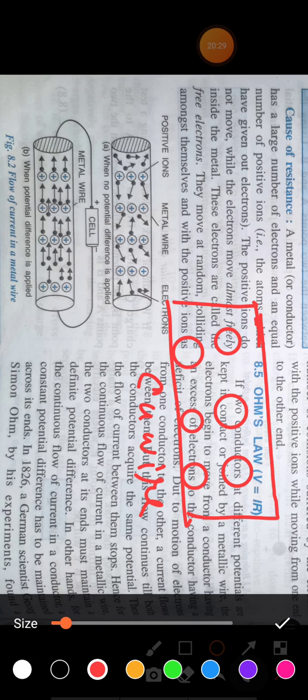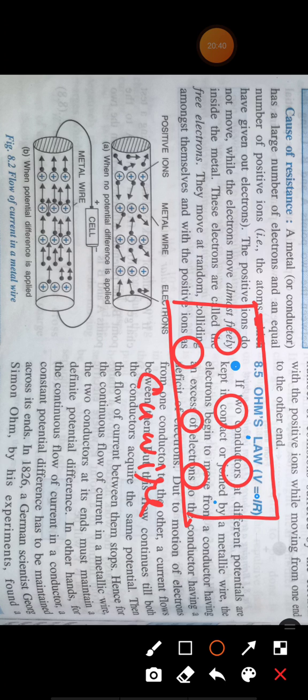And inside this you have electrons also. So these blue dots are actually electrons. And you know that the size of electrons is very small, and the size of the atoms is very large.